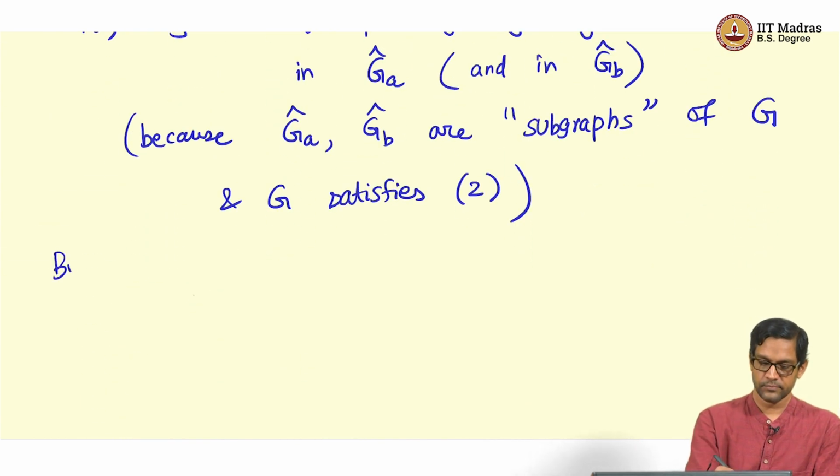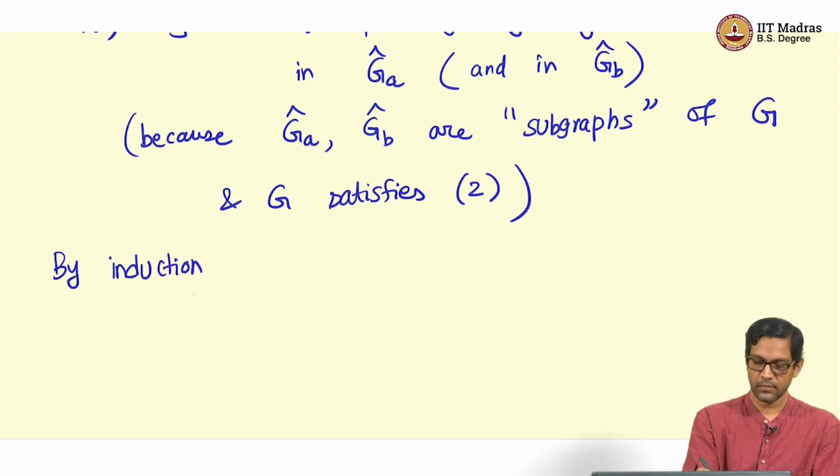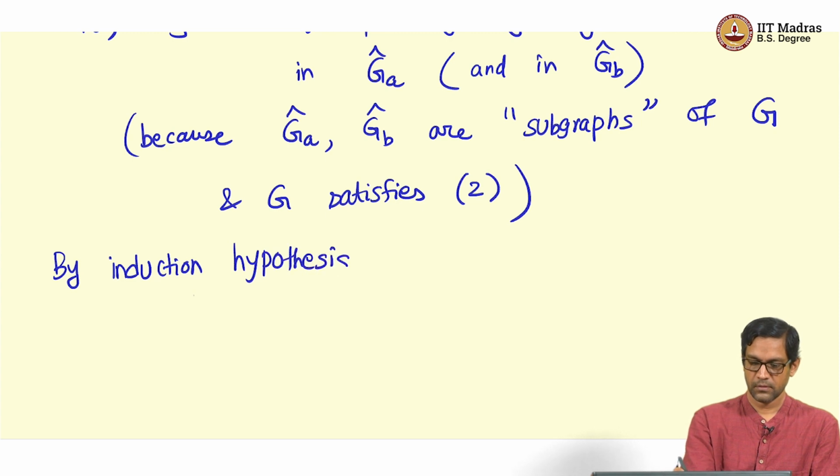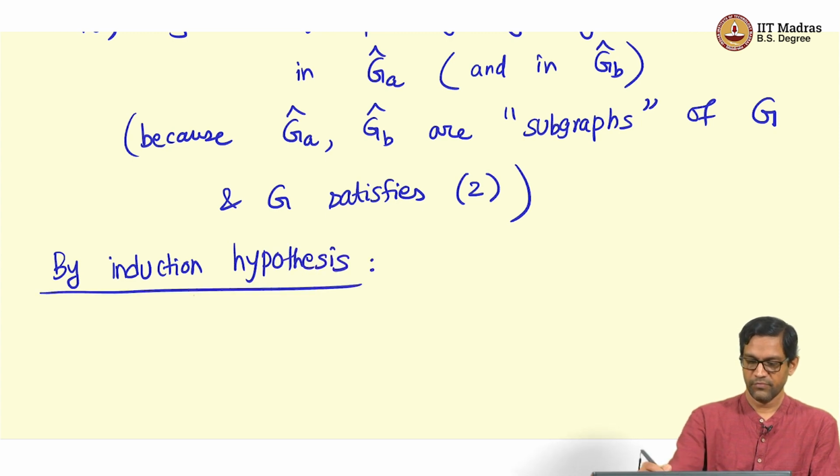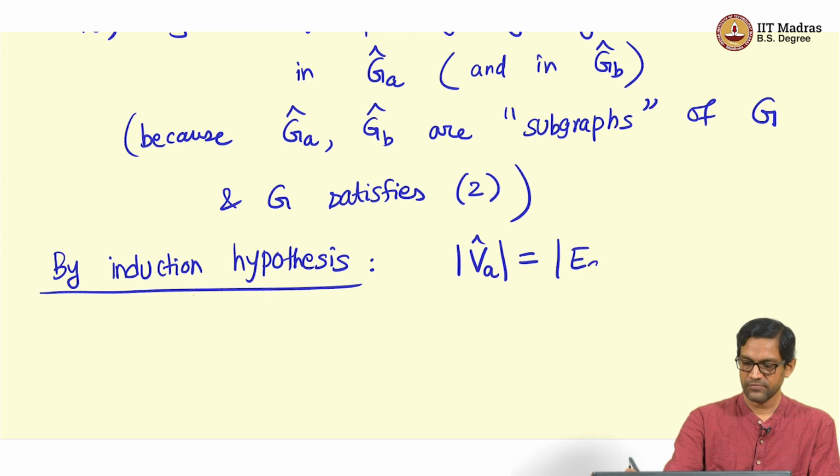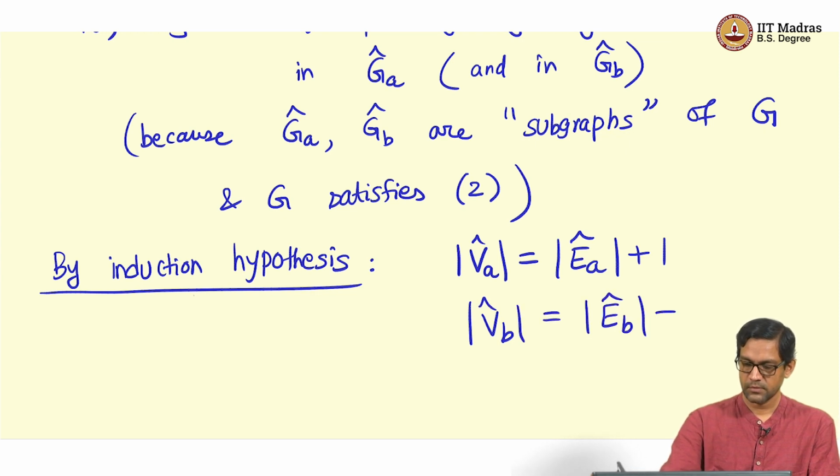So, by the induction hypothesis, what do we conclude? We conclude that the number of vertices of this graph is equal to the number of edges plus 1, and the number of vertices of B is the number of edges plus 1. Okay, we get that.